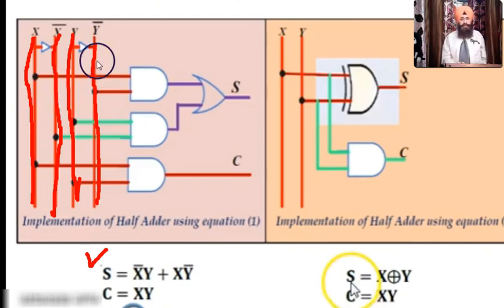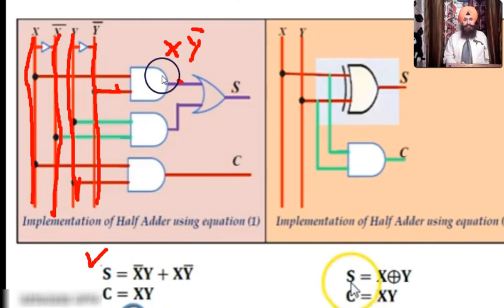So just see, we are taking a connection from x and one connection from y complement. So this is an AND gate. What becomes here? Here becomes x y complement.